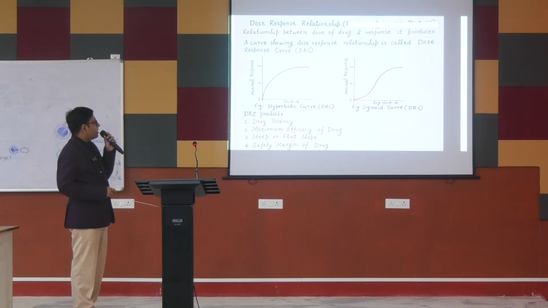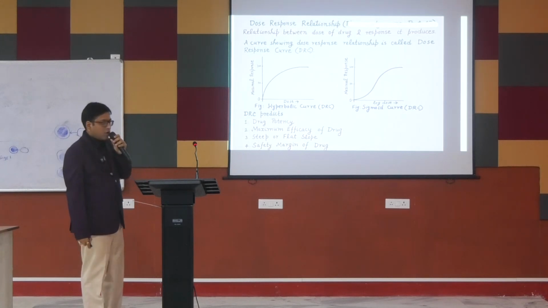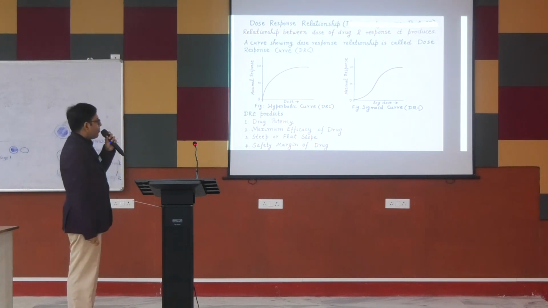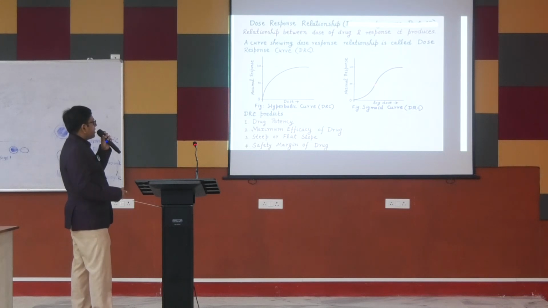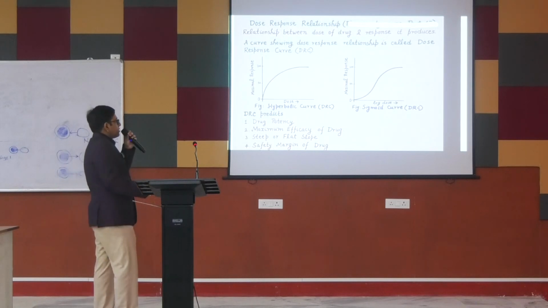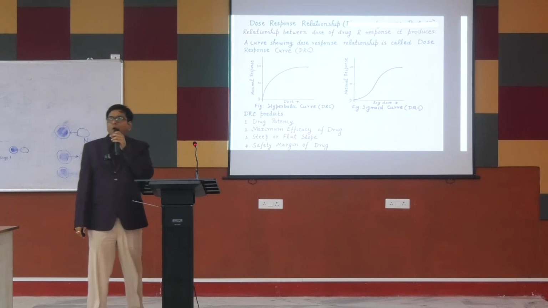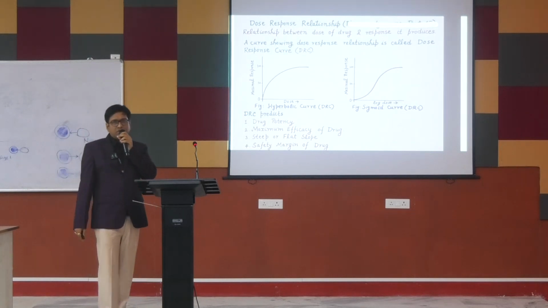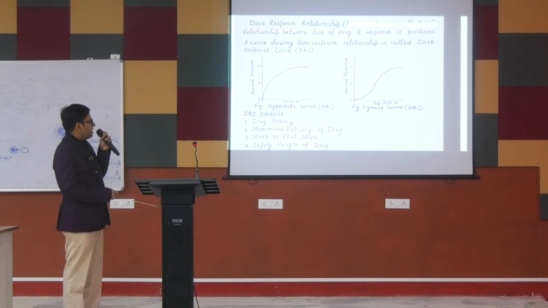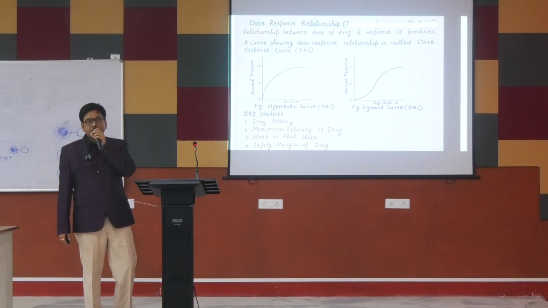In a sigmoid curve, compared to a hyperbolic curve, within a small area a lot of readings can be taken, or a lot of values can be plotted. More importantly, in a sigmoid shaped curve, the middle portion is a straight line. And when you have a straight line, it is much easier to calculate various characteristics or various points and values related to the drug.